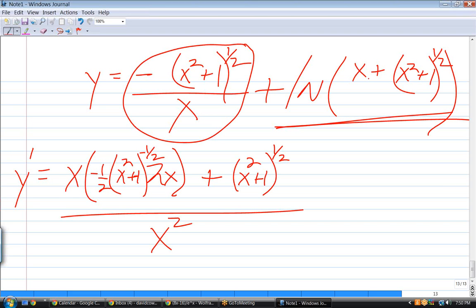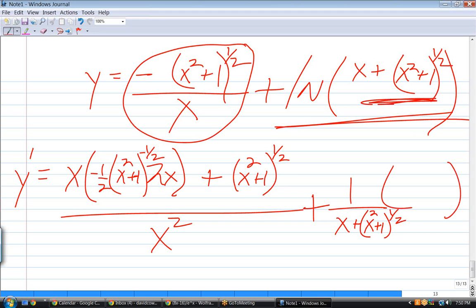Well, the inside is that part right there. So 1 over that, plus sign, so it's 1 over x plus x squared plus 1 to the 1/2 times the derivative of the inside.